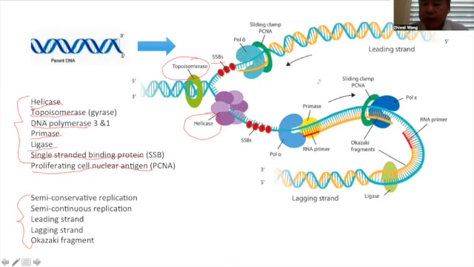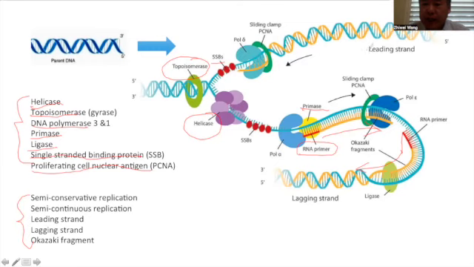For DNA synthesis to proceed, you first need primase to form short RNA primers, which bind onto the DNA strand. Then DNA is synthesized in the 5' to 3' direction.